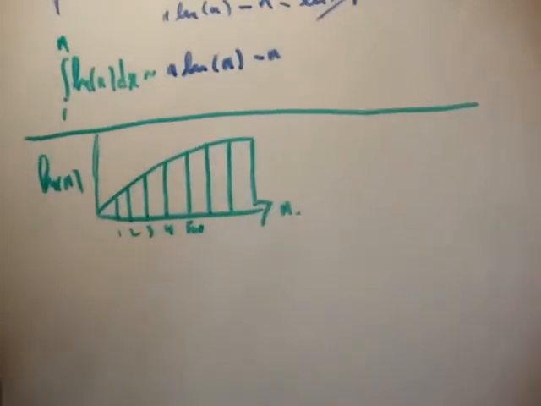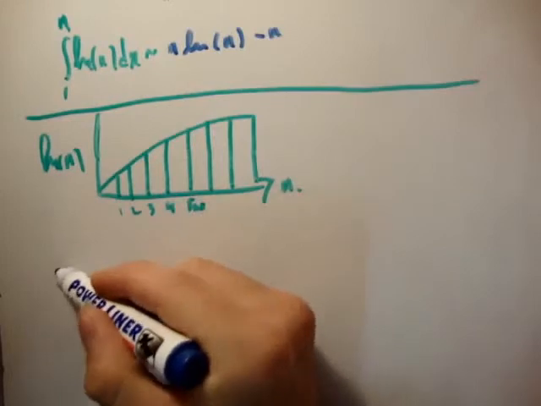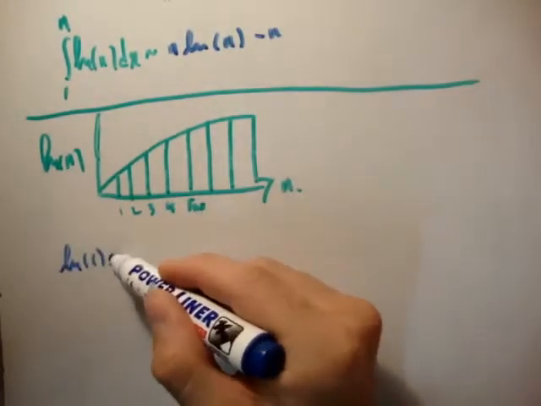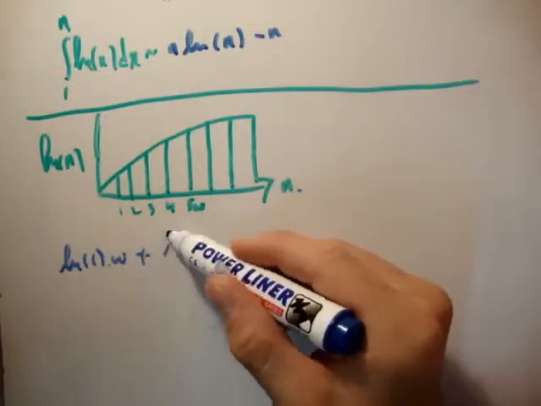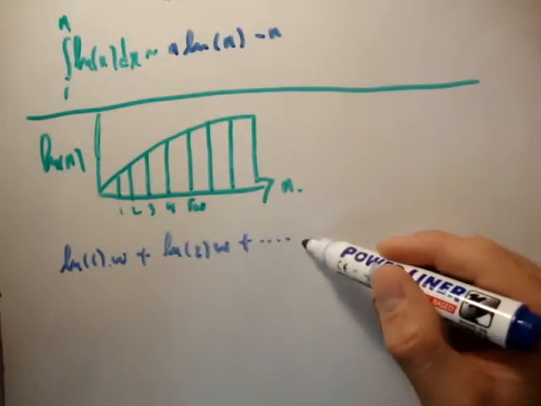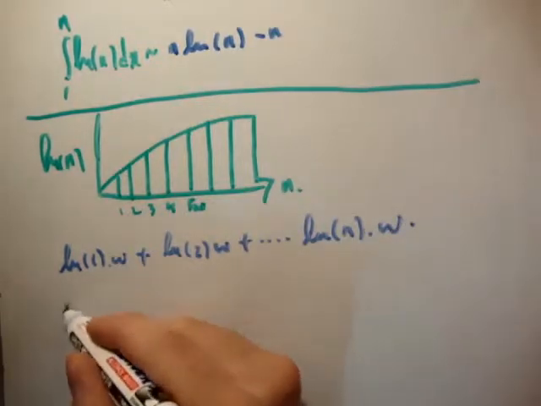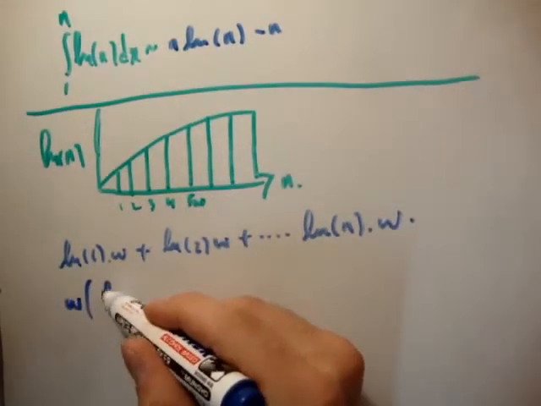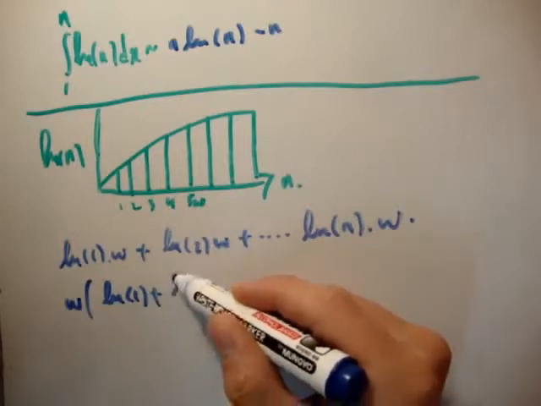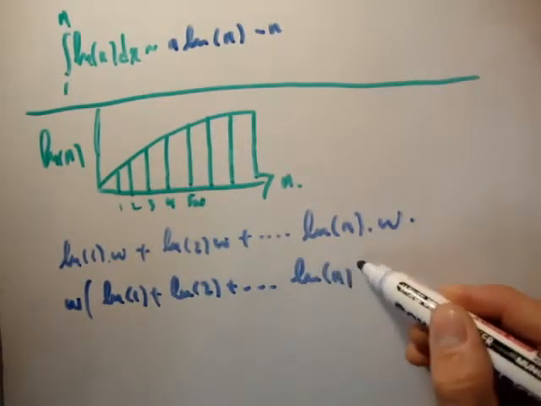Another way of interpreting this particular integral is by saying that the integral is equal to the natural logarithm of 1 times w, that's the area, plus the natural logarithm of 2 times w, plus the whole way up to the natural logarithm of n times w. So take out w for the moment, and we get w outside of the natural logarithm of 1 plus the natural logarithm of 2, plus the whole way up to the natural logarithm of n.